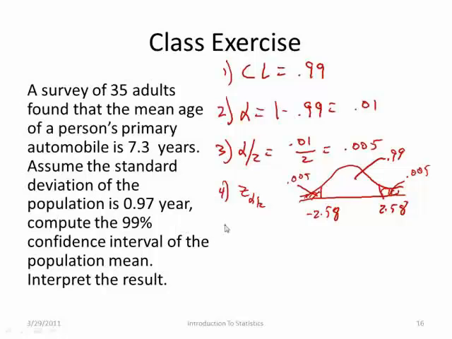And so finally now, step number 5 is to compute the interval. So we know that x bar is 7.3 plus or minus 2.58, and we are given the standard deviation of 0.97 divided by the square root of n. N is 35, so this is the square root of 35.